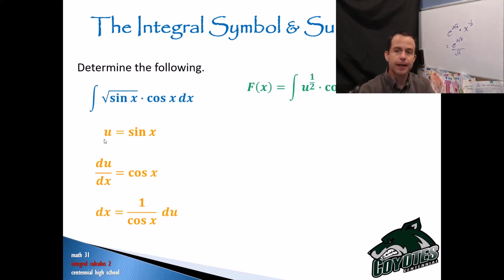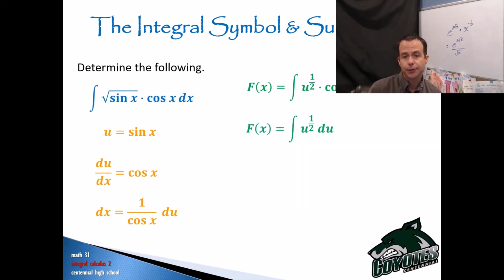So big F of x will equal the integral of u to the 1/2 times cos x. So u to the 1/2, my sine x was u, and then the root became the exponent of 1/2. I'll swap out my dx. Dx is going to be swapped with 1 over cos x du, and so my cos x will divide each other out. And I'll be left with just u to the 1/2.